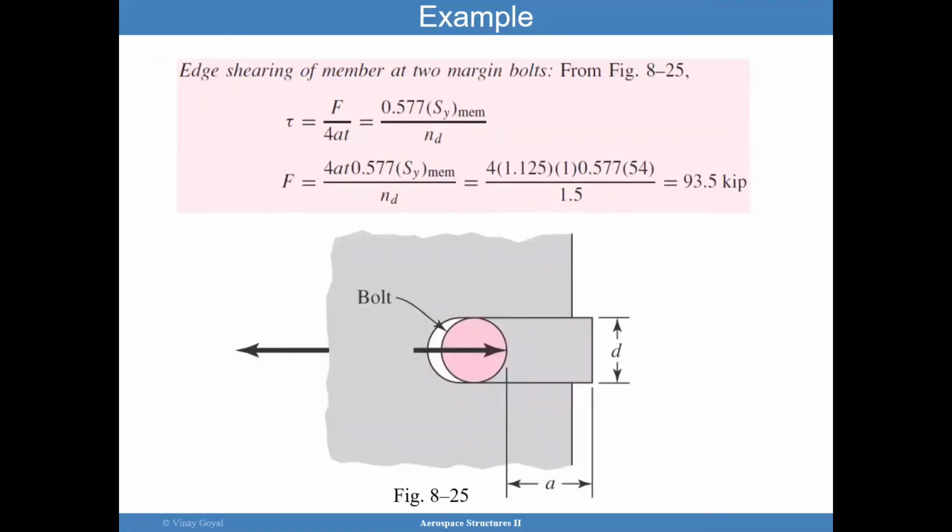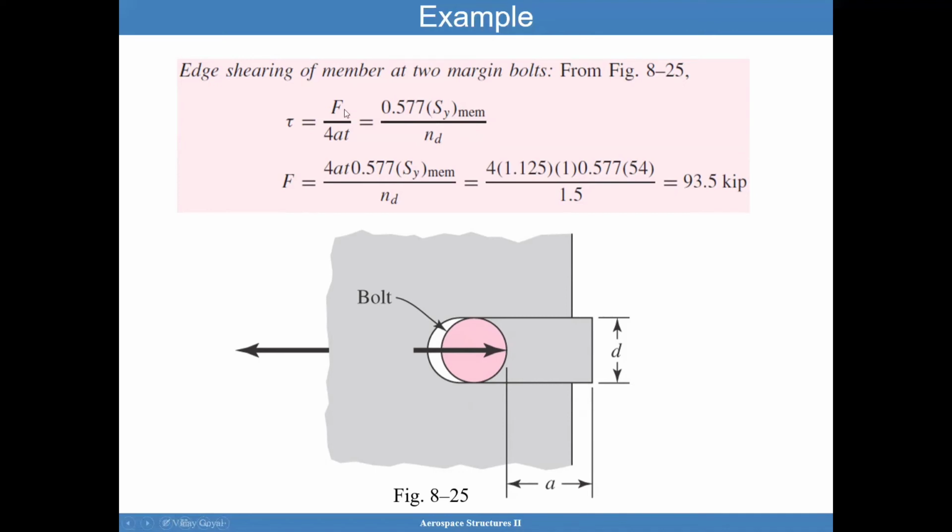We can then calculate edge shearing of a member at two margin bolts. In this figure, we want to make sure that the force divided by 4 times AT equals, and here we use the shear transformation from tensile to shear with a factor of safety of 1.5.